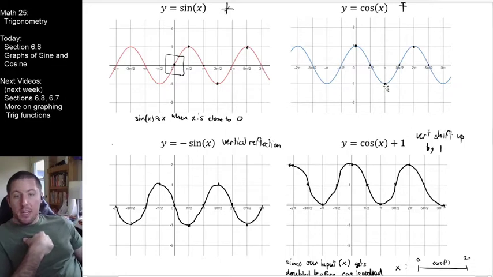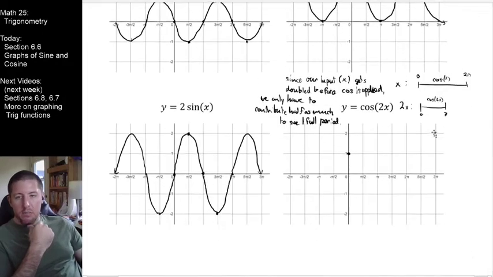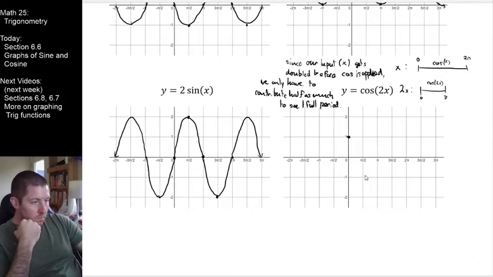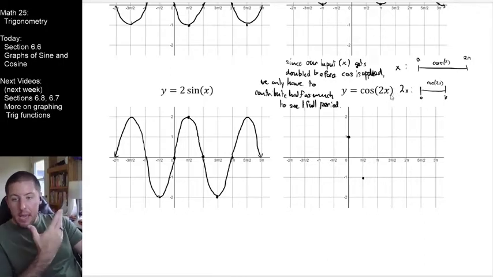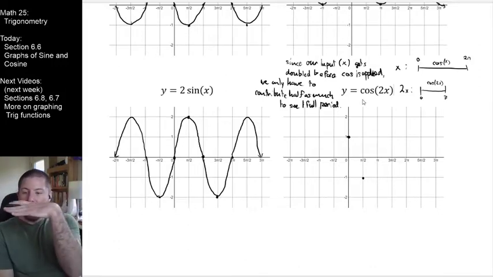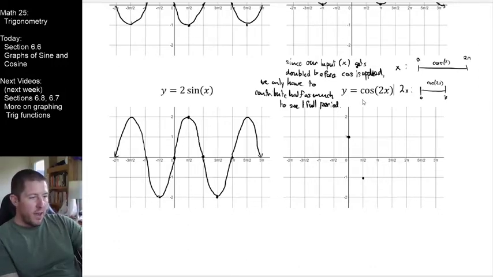I can now get away with contributing only half as much of that to get the same result. So I'm only going to contribute pi halves to get to that -1 instead. Because if you plug in pi halves into this expression, 2 times pi halves is pi, and the cosine of pi is us pointing to the left. That's our -1 right there.